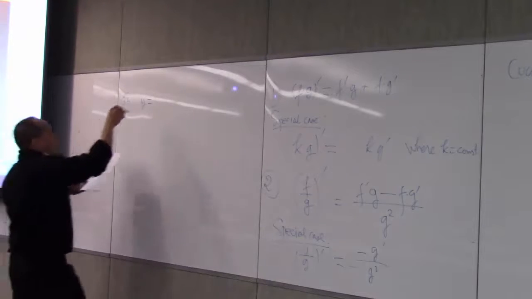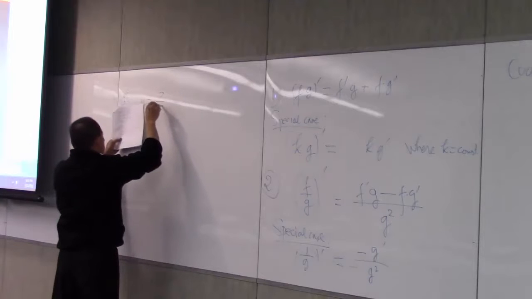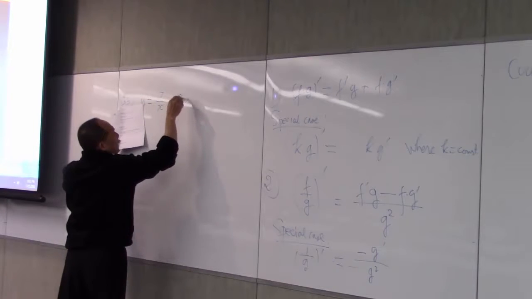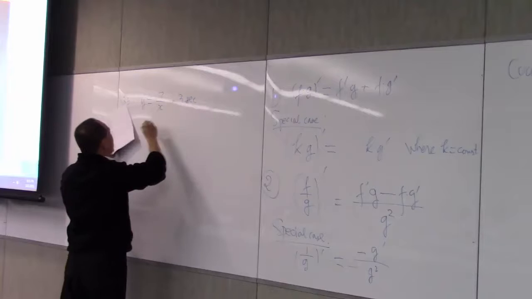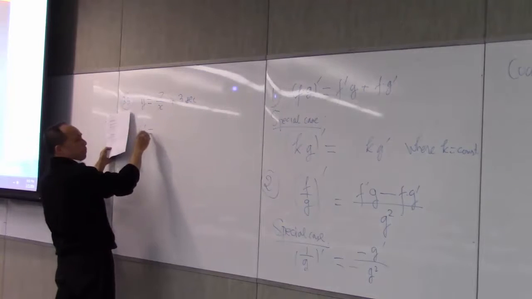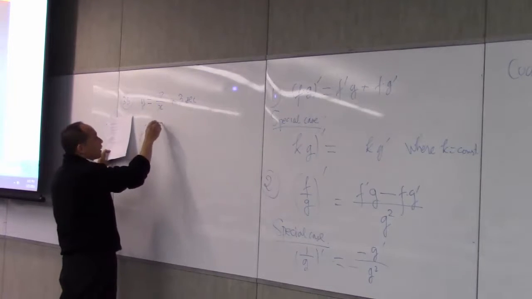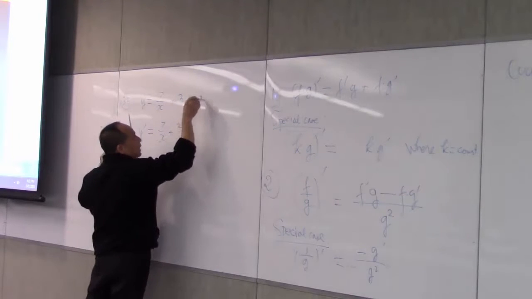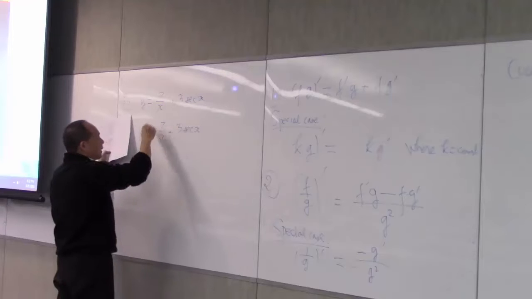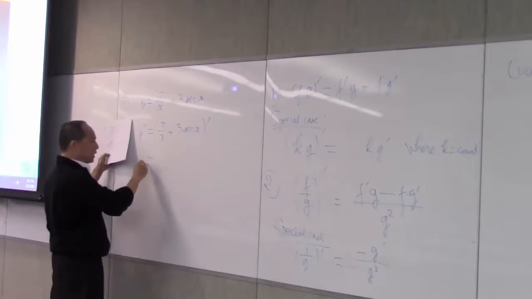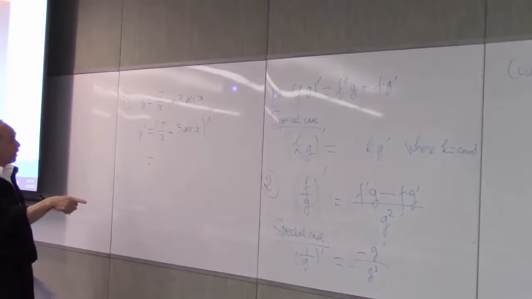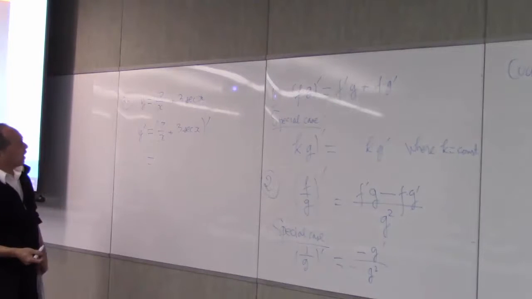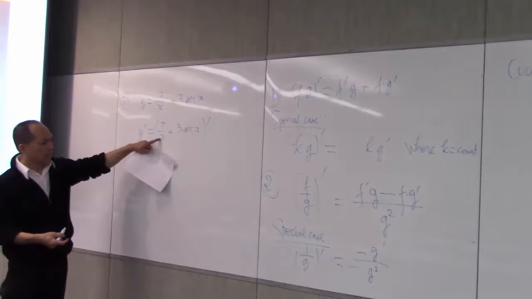35. y equals 7 over x plus 3 secant x. Okay, now we say that y prime, you write this, is the derivative of 7 over x plus 3 secant of x. Now it means that you can apply directly. This is x to the negative 1.